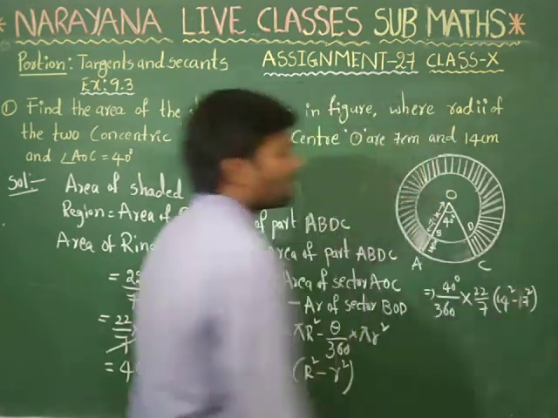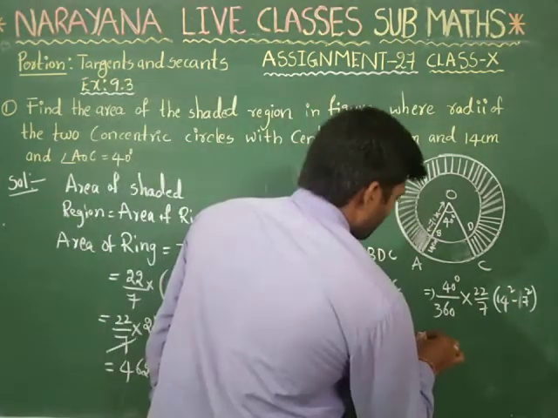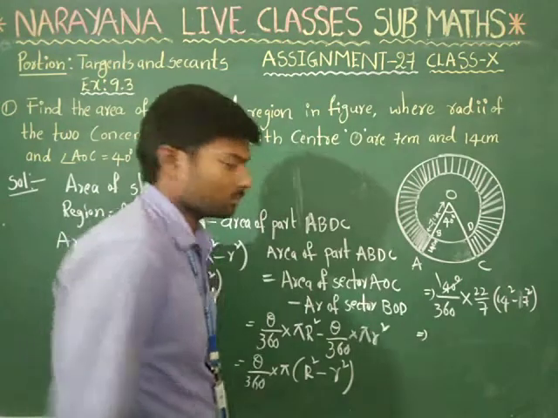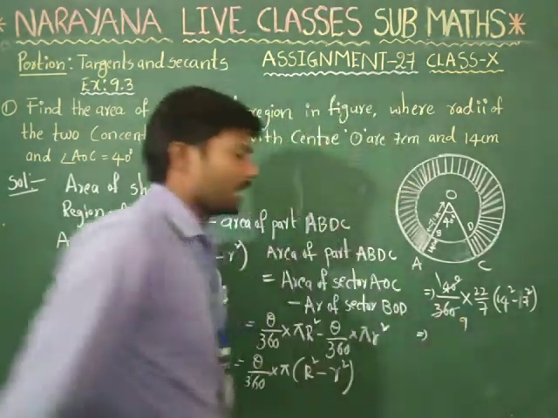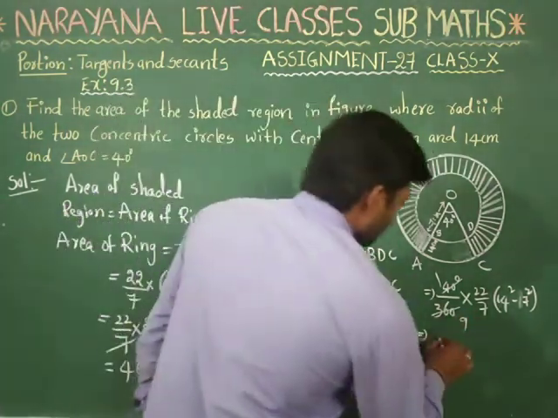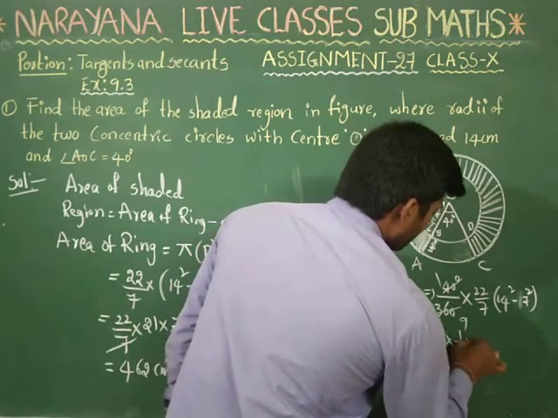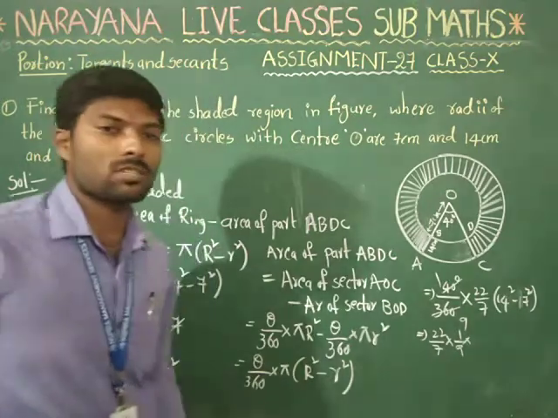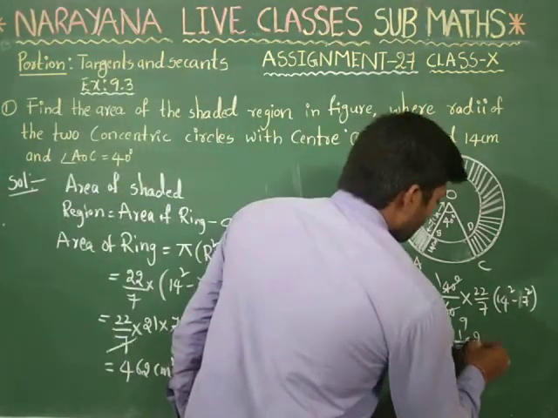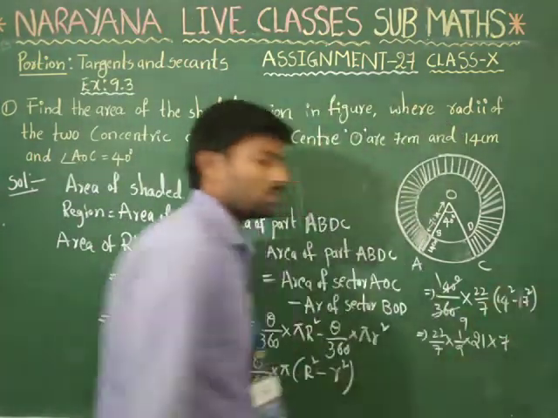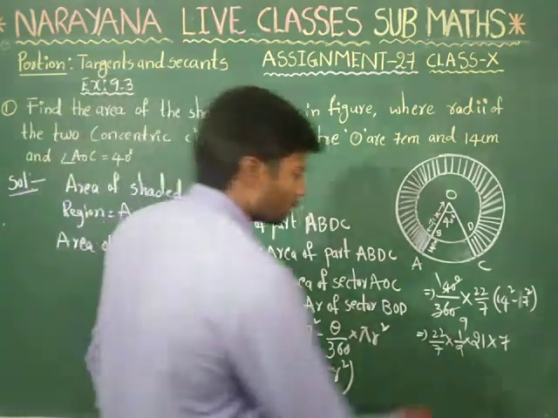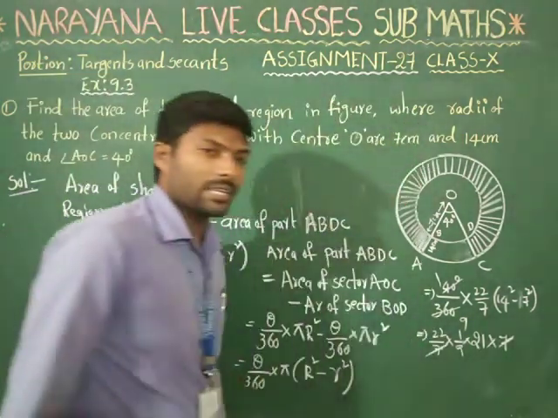To simplify, 40 upon 360 cancels exactly with a 9, so it can be written as 22 by 7 into 1 by 9. Then 14 square minus 7 square is 21 into 7, and here 7 will get cancelled.